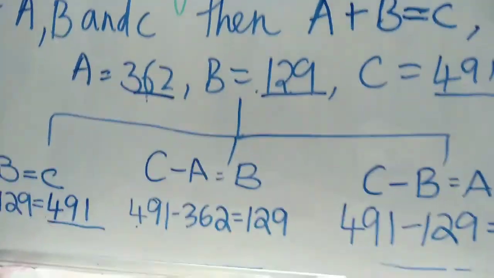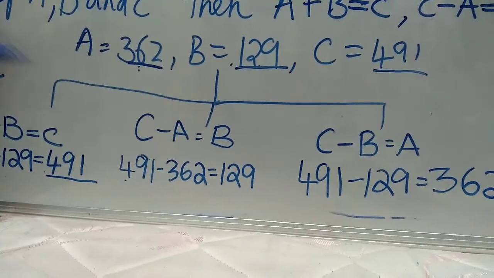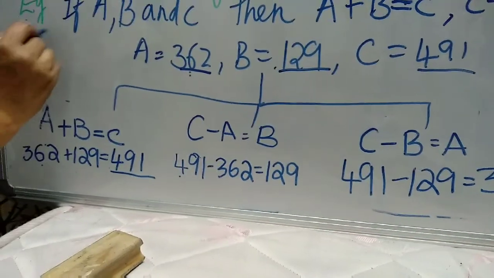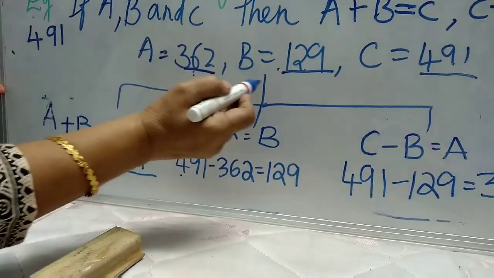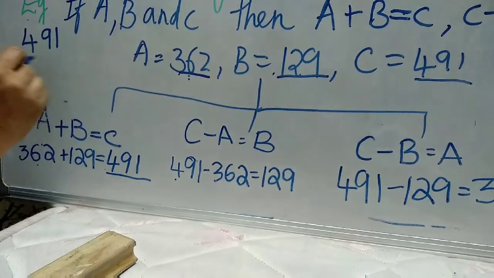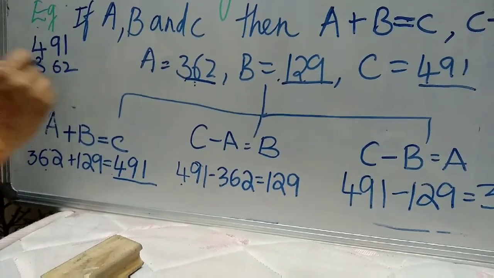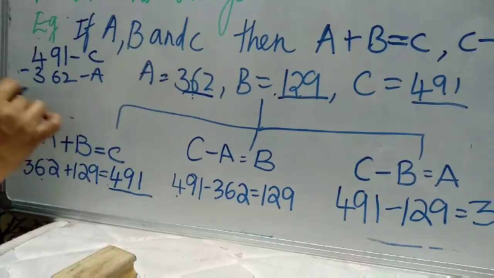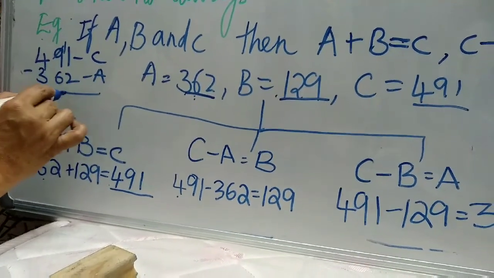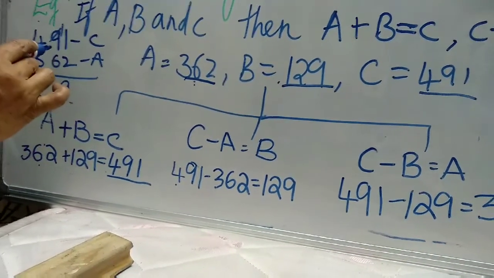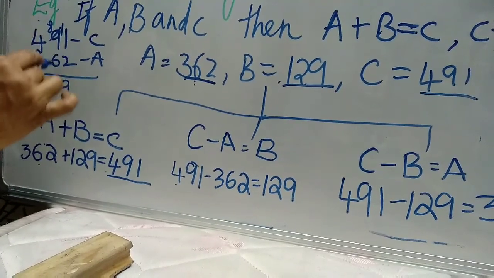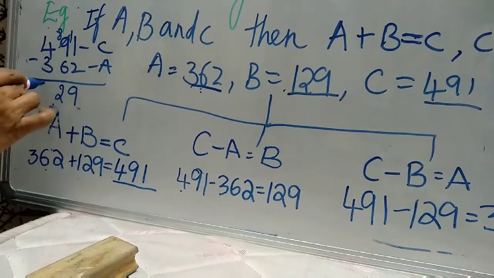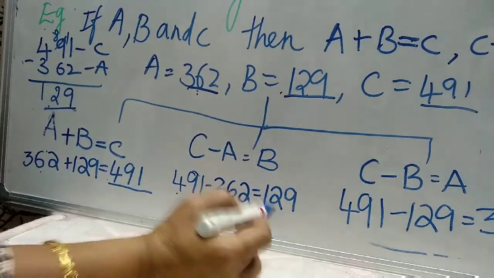Let's see here. C is 491, A is 362. C minus A. Borrow 1, 11 minus 2 is 9. Then here 8, from 8, 6 goes 2. Then 4 minus 3 is 1. You got 129.